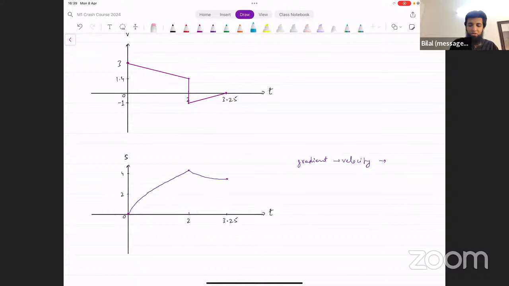It's changing here, and it's changing in this part. Since the velocity is variable, the gradient is changing, so it has to be a curve. For a curve, the gradient changes at every single point. So it's a curve like this. Make sense?